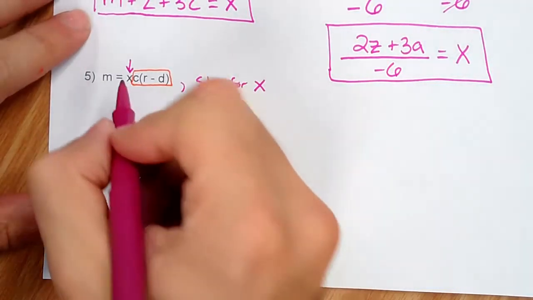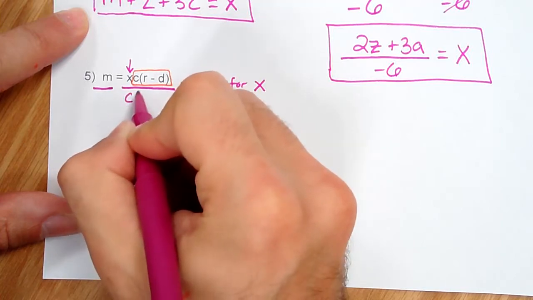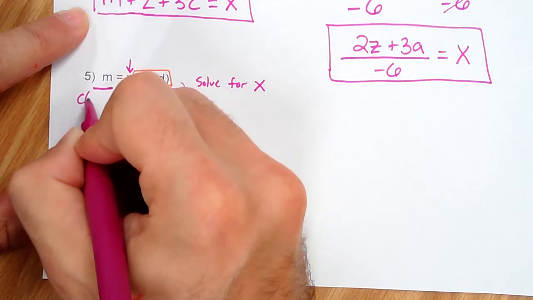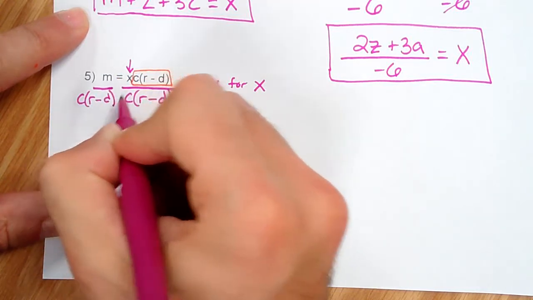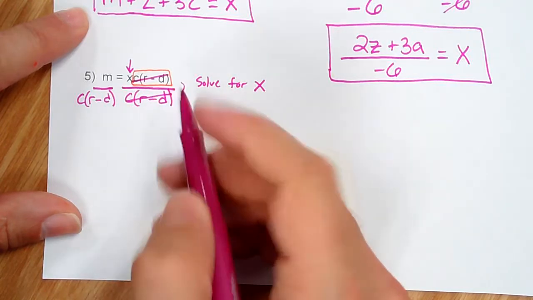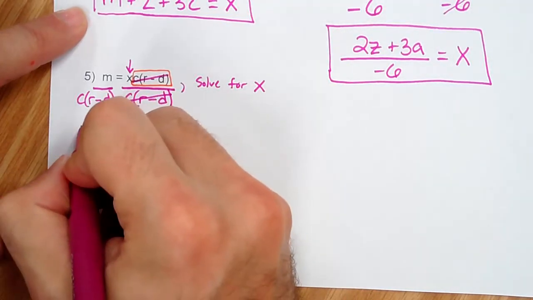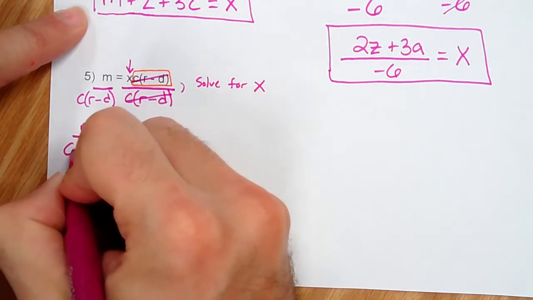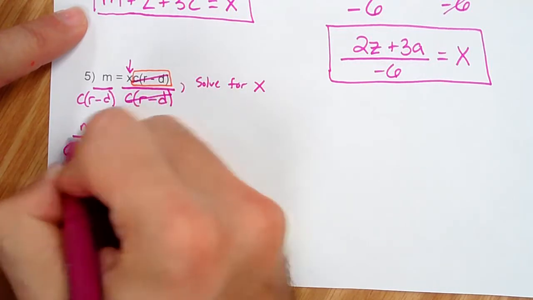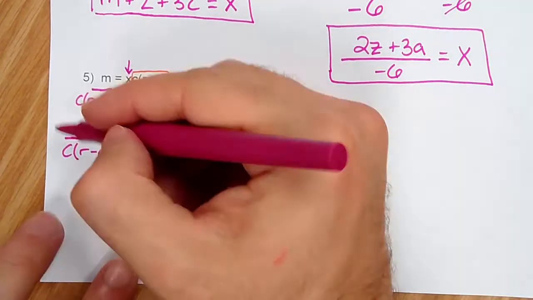We're going to divide both sides by c times r minus d, because this will cancel and cancel, leaving us with our x. And then on the left side, we will have m over c times r minus d. And that would be our final answer.